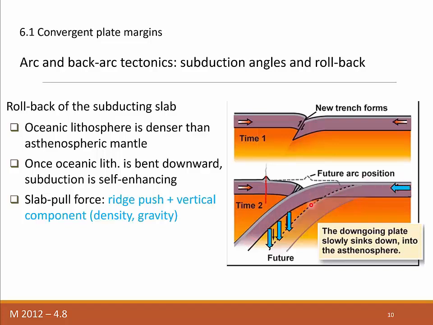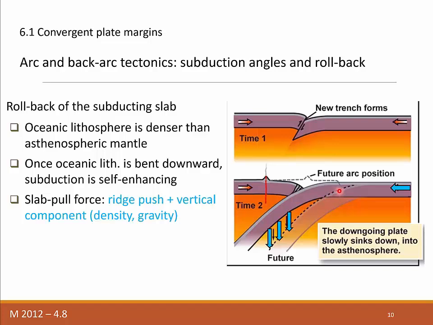Between these two vectors we will control the subduction angle, and we will initiate the rollback movement, because if the downgoing oceanic lithosphere is exposed to this downward movement, it will sink while being pushed downwards.